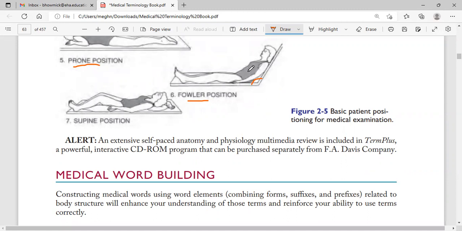And the next posture is called the supine position. The patient is asked to lie flat on the back with the arms at the side. This position is used to examine the chest, heart, abdomen, and extremities.